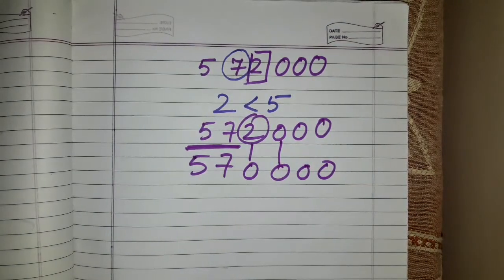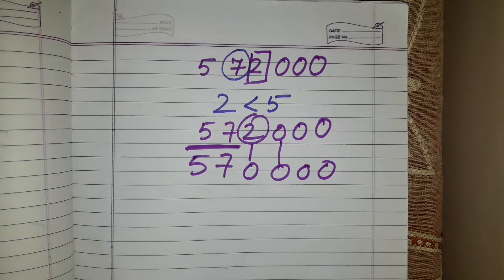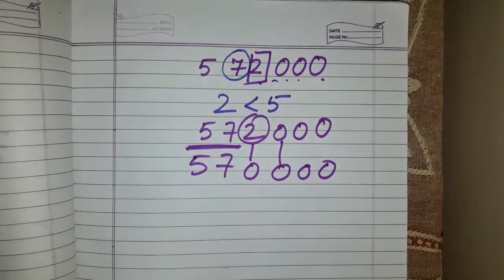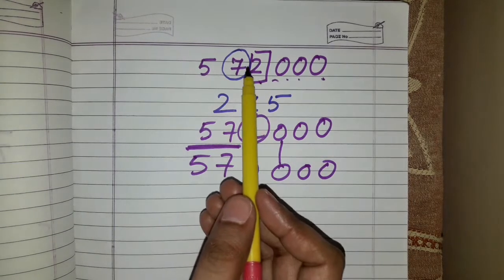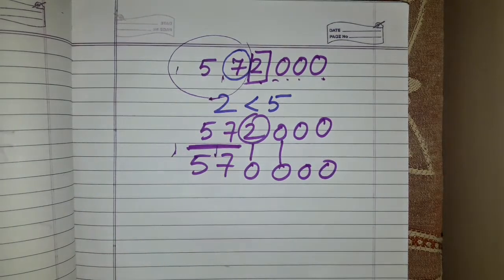Is it clear to everyone? So if you notice, if the digit is less than 5, then you will make it 0. All the digits after that limit will become 0, as you can see in the previous cases also, and the digits before will remain the same.